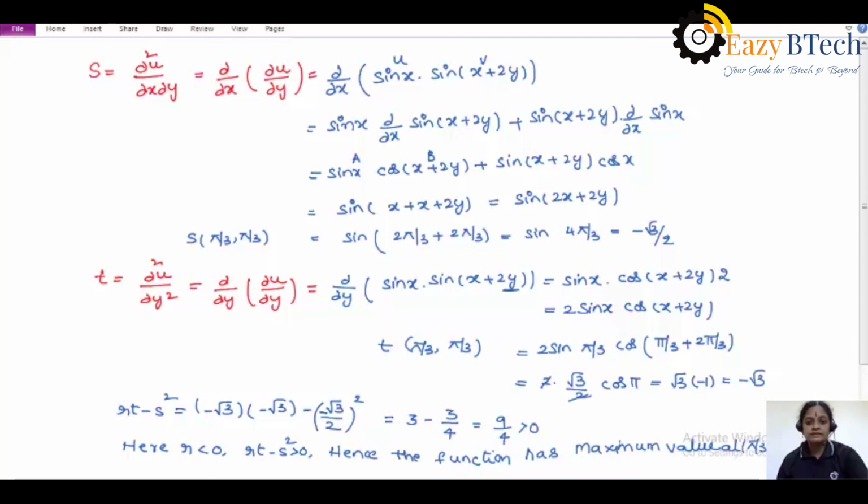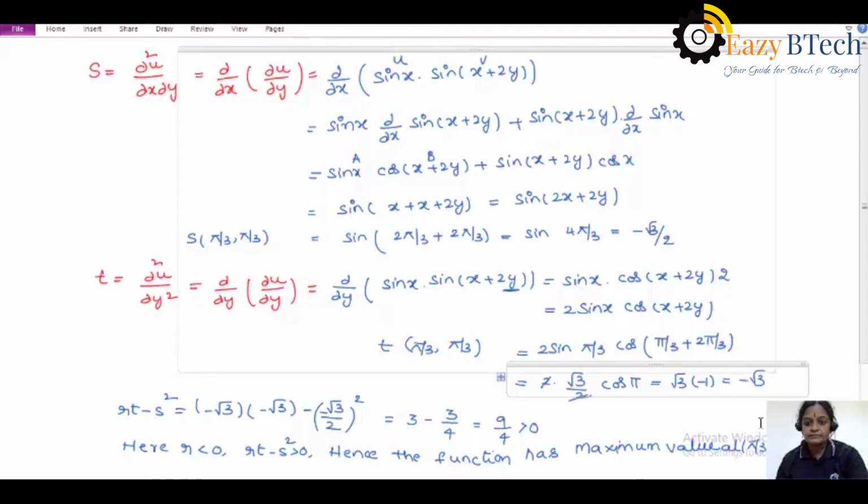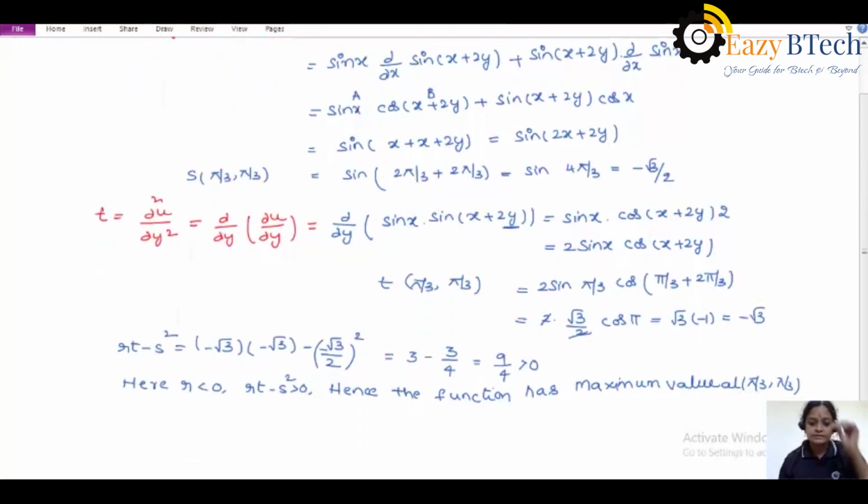Okay, so now finding the maximum value. What is the maximum value of the given function at this point? The maximum value of u, where the function is sin x, sin y, and sin of x plus y.